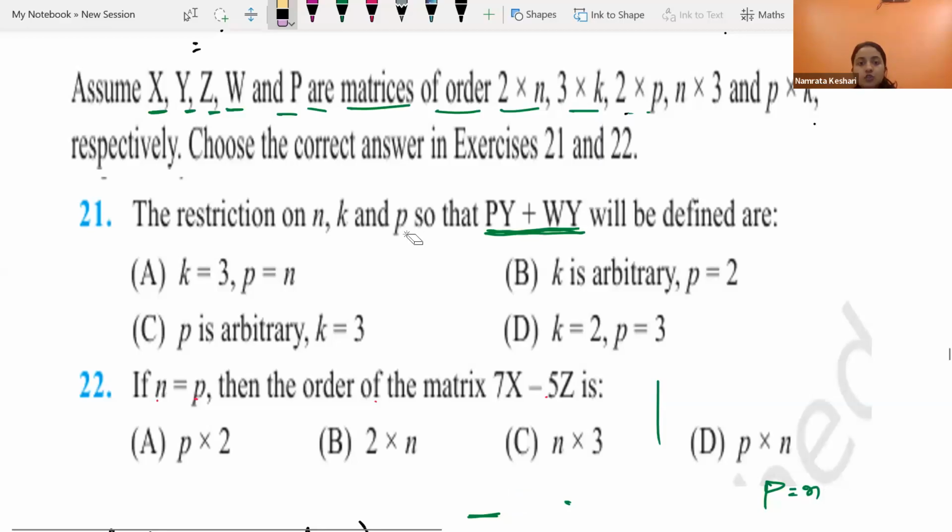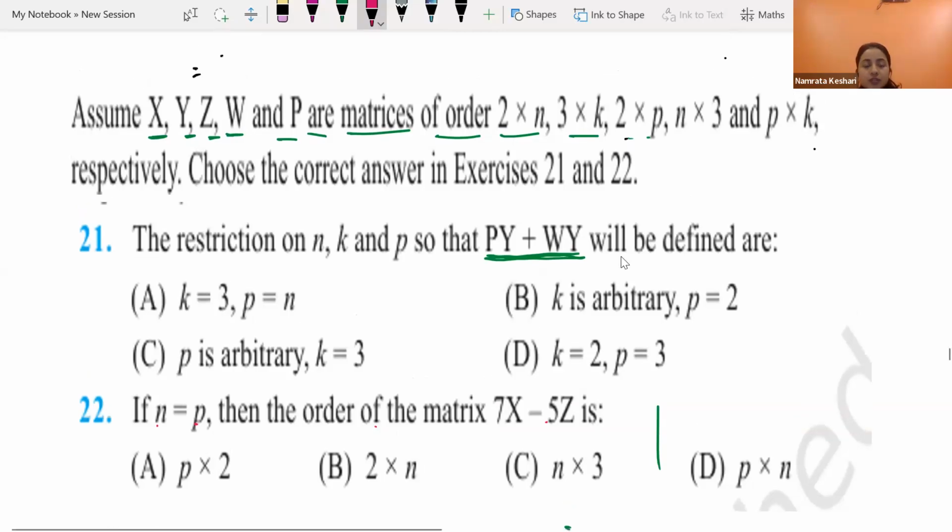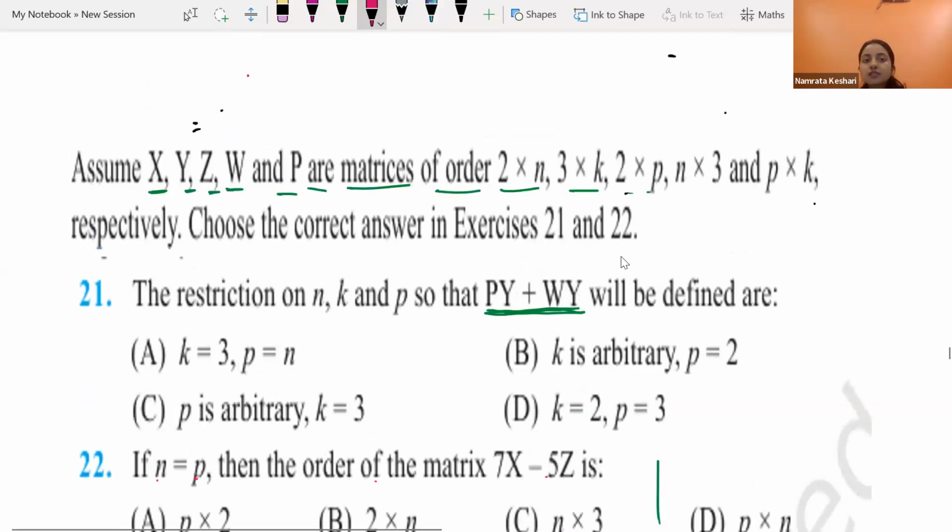Let's discuss. So here it says that P is a matrix. And what about the order of P? I'm writing a little bit of explanation over here. So X is a matrix which is having order 2 by N, right?